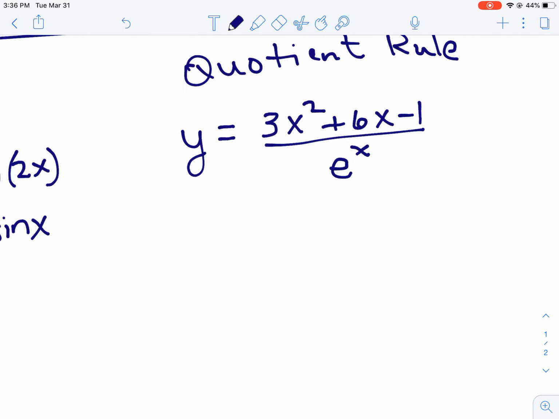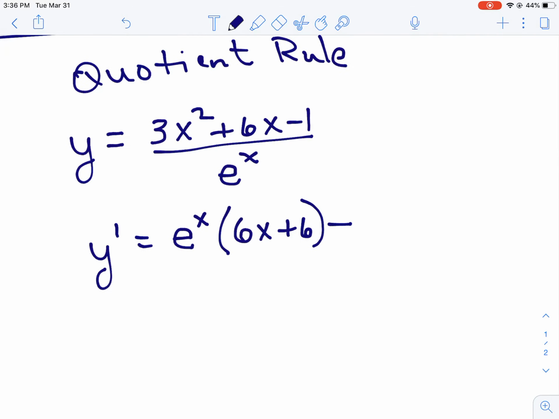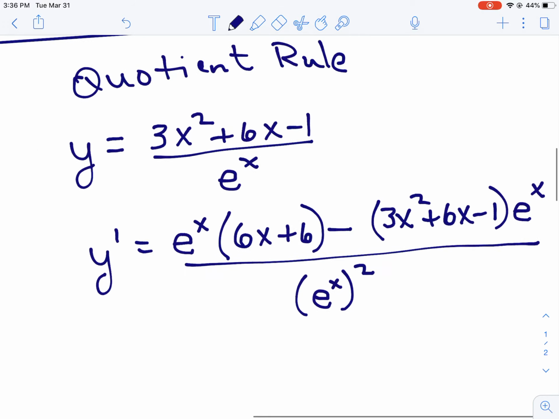So the derivative of the quotient is the bottom times the derivative of the top, which is 6x plus 6, minus the top, which is 3x squared plus 6x minus 1, times the derivative of the bottom, which is e to the x, all over the bottom squared. So e to the x squared.